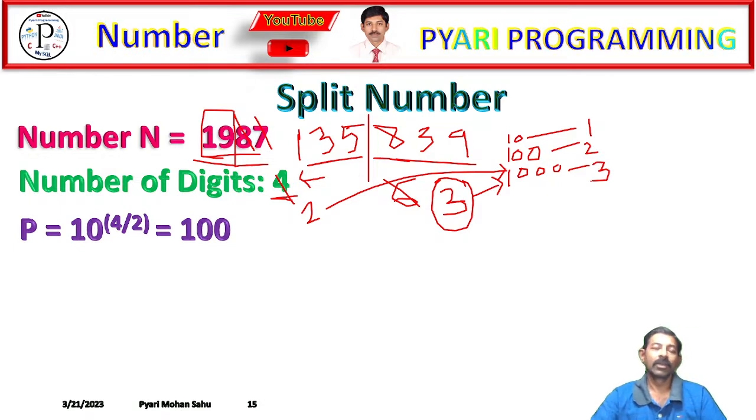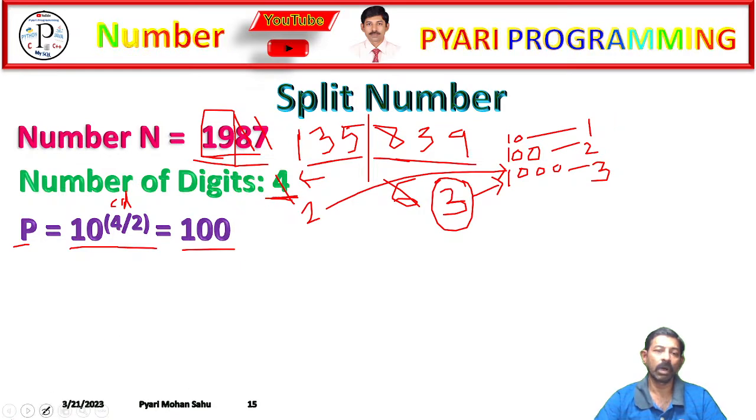So I need to find it out. 10 to the power 4/2, where 4 is the number of digits, count digit. आपका ये वेरिएबल हो जाएगा count digit, is equal to 100 in this case, because number of digits is 4.